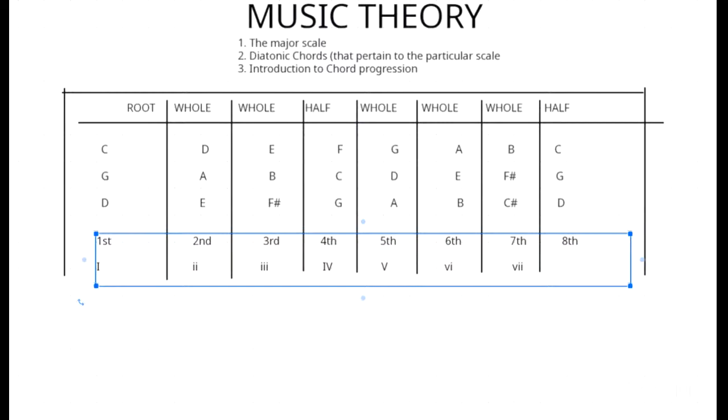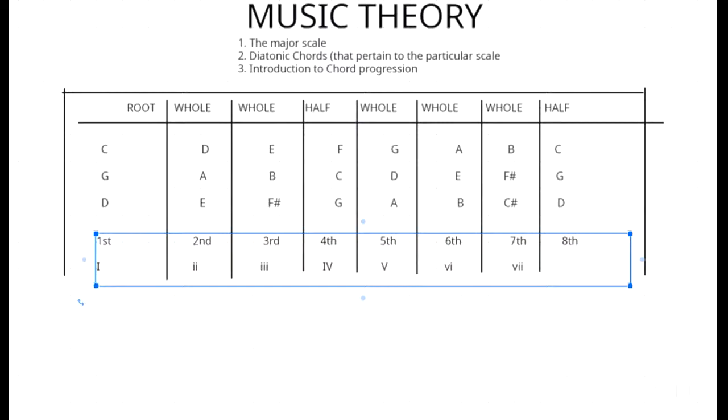For the 2 chord, you would be playing D, F, and A together. For the 3 chord, talk to me, what would it be? E. What else do we play with the E? G, and B.